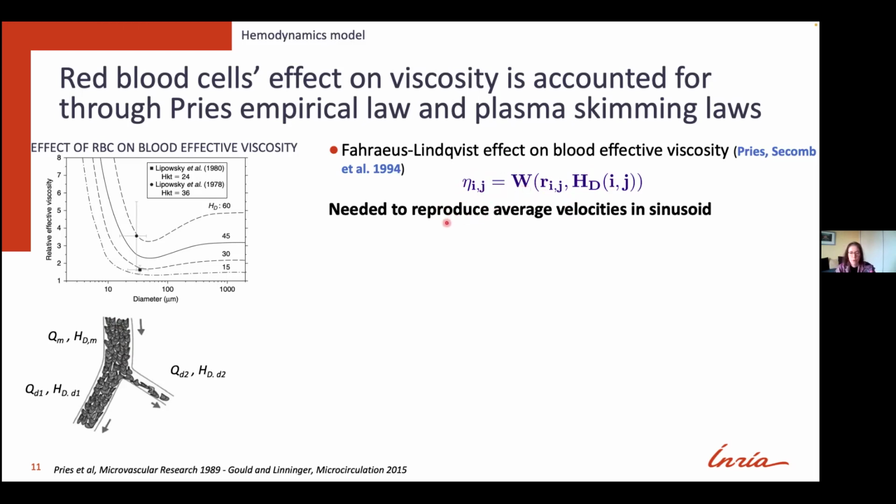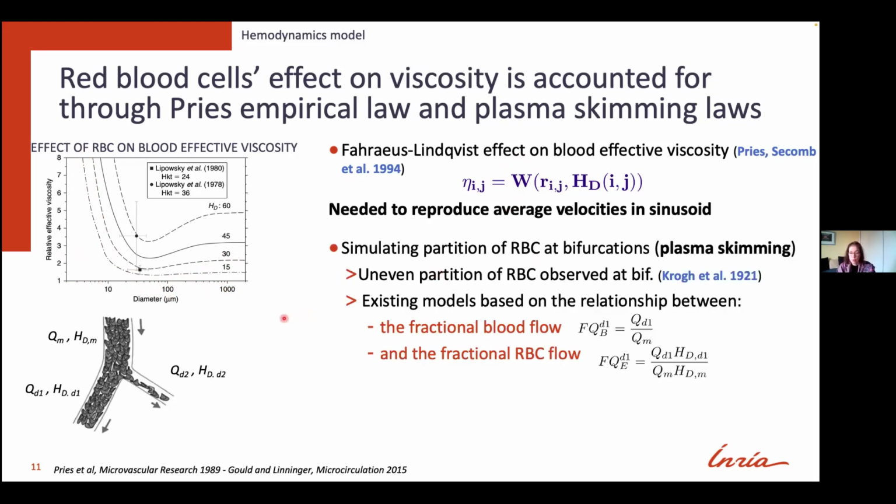And we've shown that this rheological model is needed to reproduce average velocities in these small capillaries. And here on the left, I put a graph that shows how the viscosity is changing when the diameter of a vessel is increasing. So you see the nonlinear effects of this law.